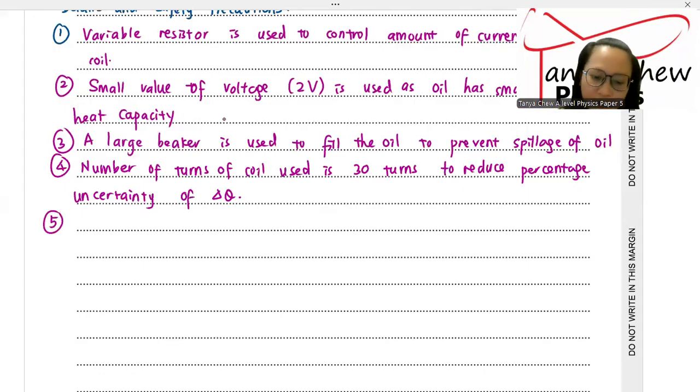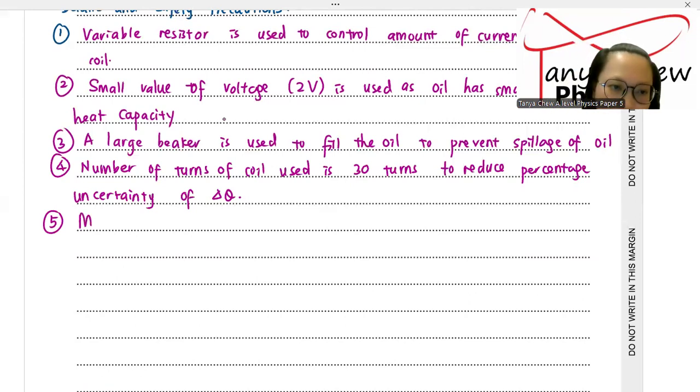Right? And then I also say, because I want to keep the thickness of the coil as one of the variables to be kept constant, right? So that is why I have to talk about that in detail. How do I keep that constant, right?